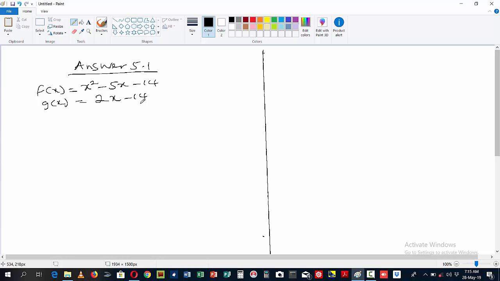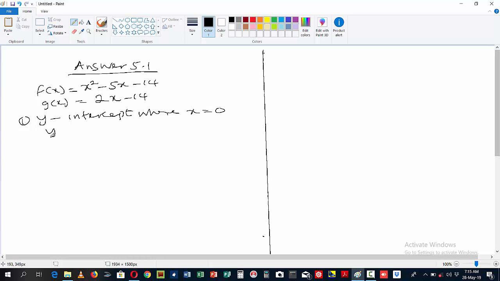For the parabola function, which is f of x, or quadratic function, we need first to determine our coordinates. The first one is the y-intercept, where x is equal to 0, which means anywhere you see x, we have to put 0 there.